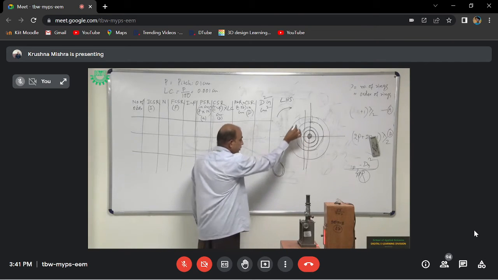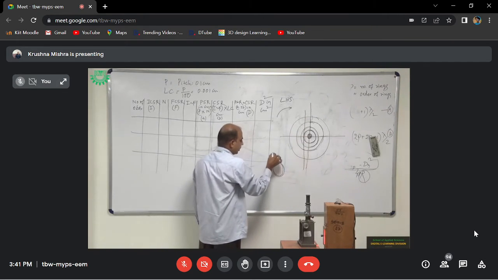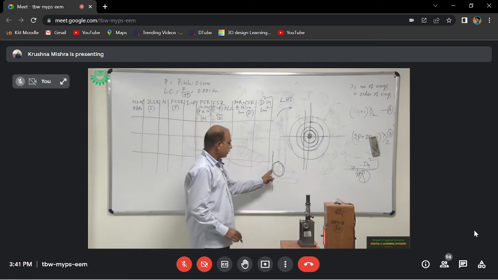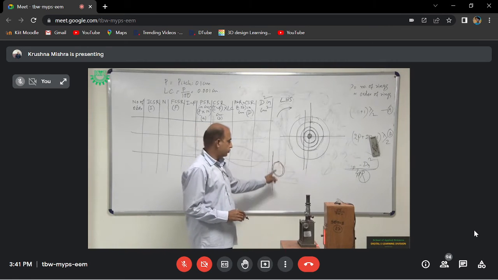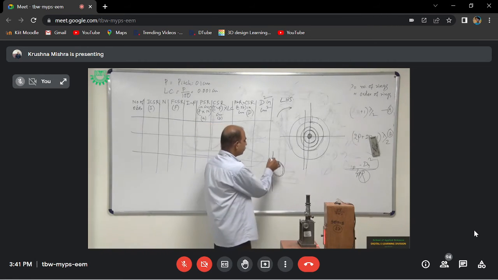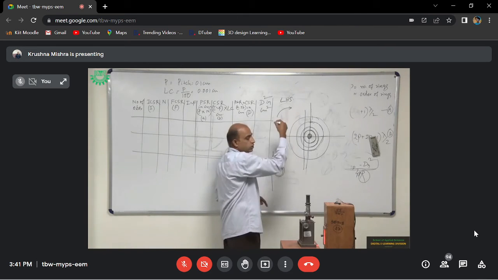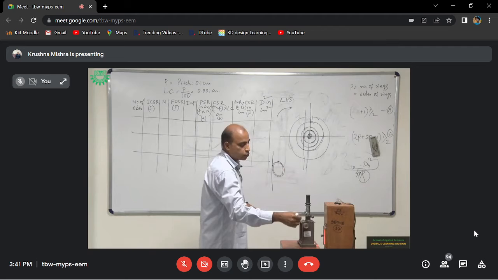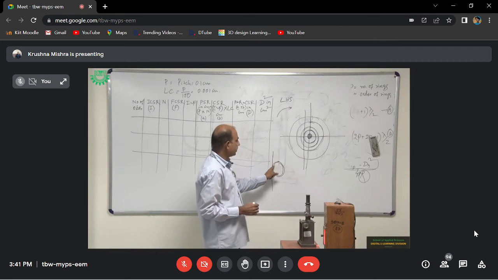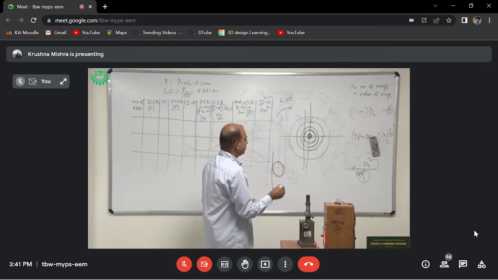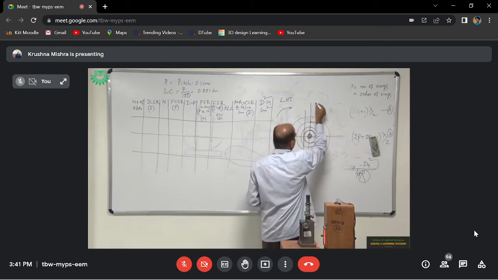So we have to keep this vertical crosswire exactly at the outer periphery of the ring, just like a tangent. After you keep this, by rotating the scale in clockwise direction, we have to take the reading from the circular scale. There is a mark here on the circular scale.